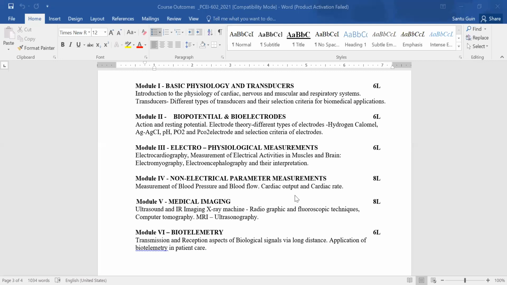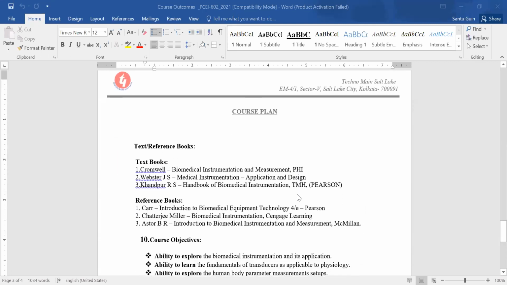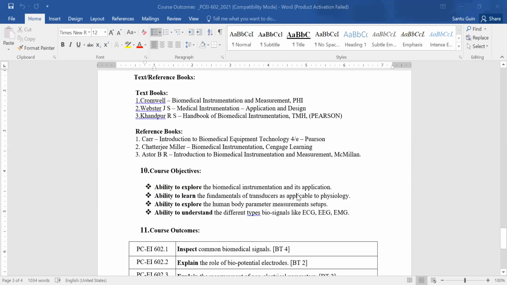So there are 6 modules in your syllabus, and the text and reference books are here. Biomedical Instrumentation and Measurement by Cromwell is the main textbook, and you can avail it from the library.